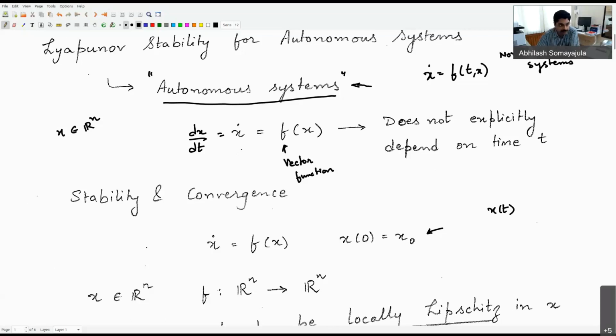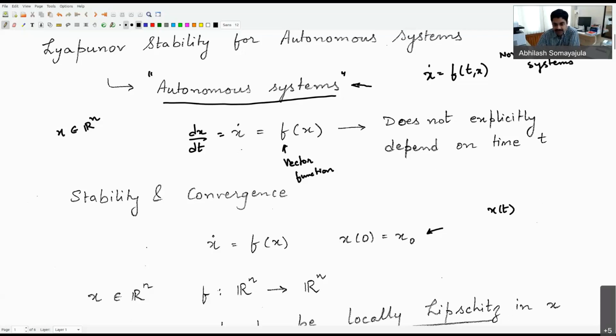Now one might wonder, why do I need to really concern myself with stability? I can simply solve the differential equation and see what is happening to it. Why not simply do that? The question is, for a linear system, yes, you can do that. In fact, for a linear system, you need not even do that. Even without simulating, you can specify whether the system will be stable or not.